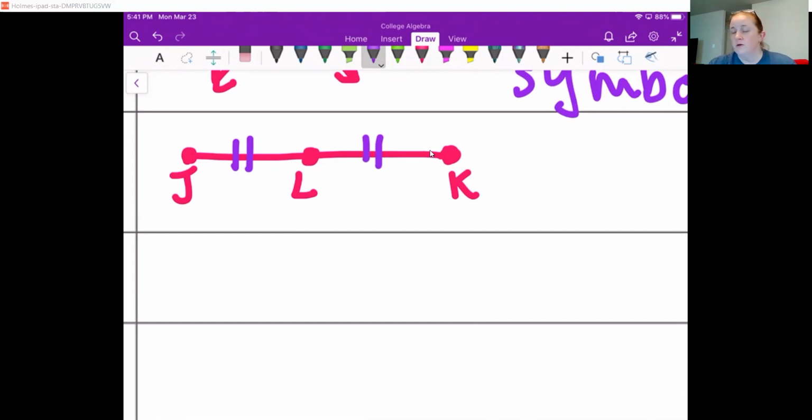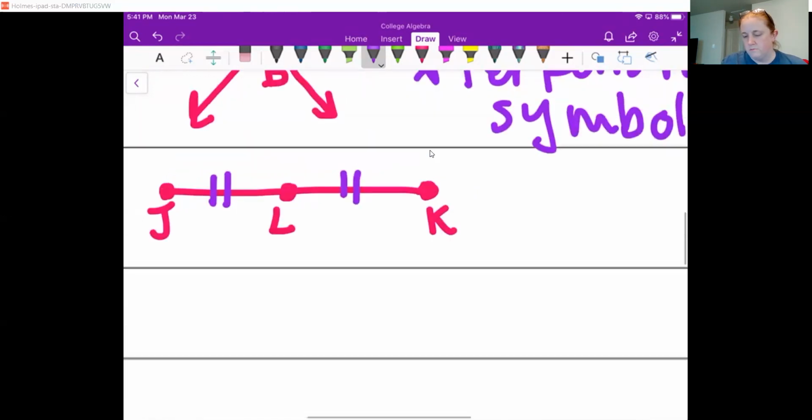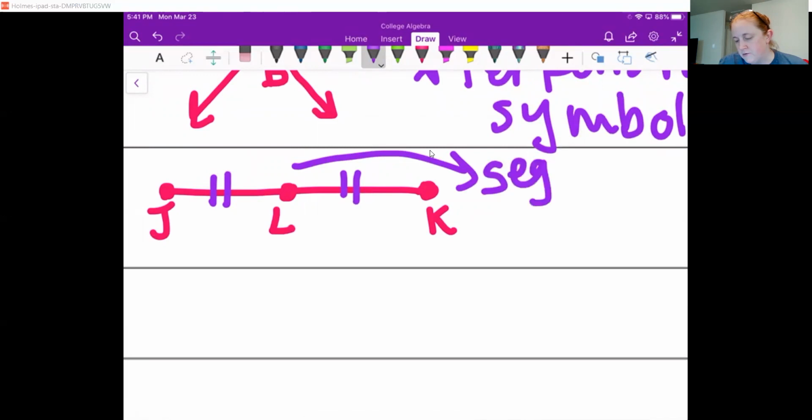We call those certain markings to denote that they are the same, to let us know that L is my segment bisector. Okay, point L is that segment bisector. There could be a line passing through that. There could be a ray or maybe even another segment.